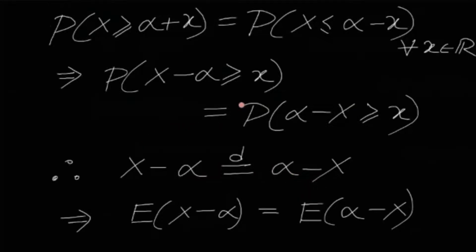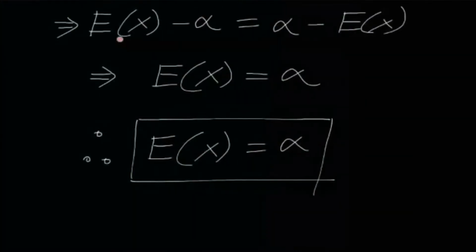Now, since expectation of x exists, that means expectation of x minus alpha is equals to expectation of alpha minus x, right? Because they are identically distributed and their expectations exist, they have the same expectation. Now, expectation of x minus alpha equals to alpha minus expectation of x. From there, we can follow that expectation of x is alpha.